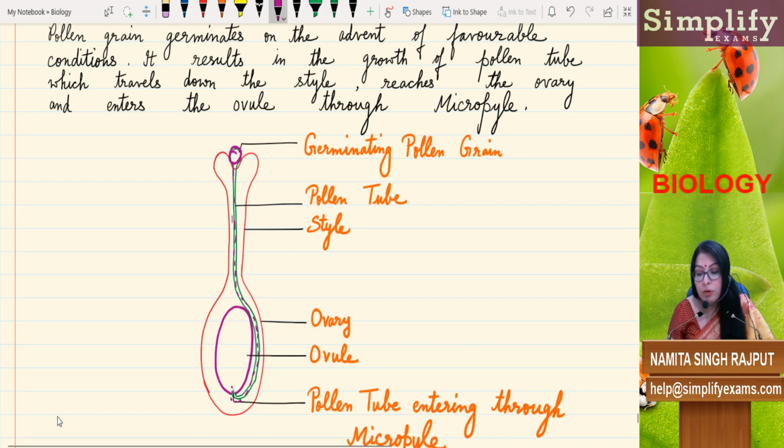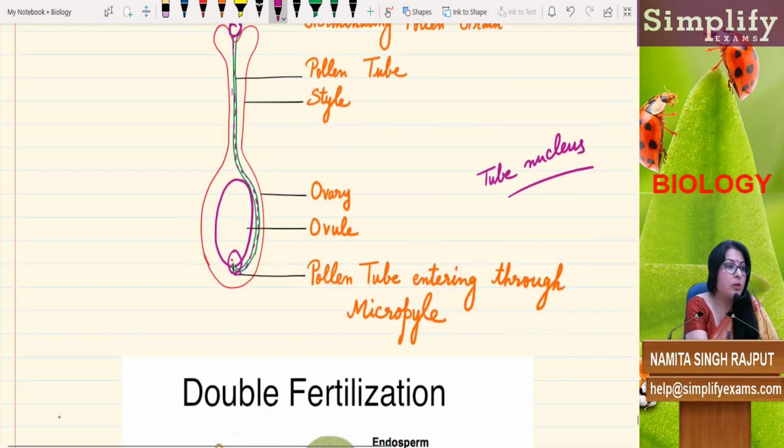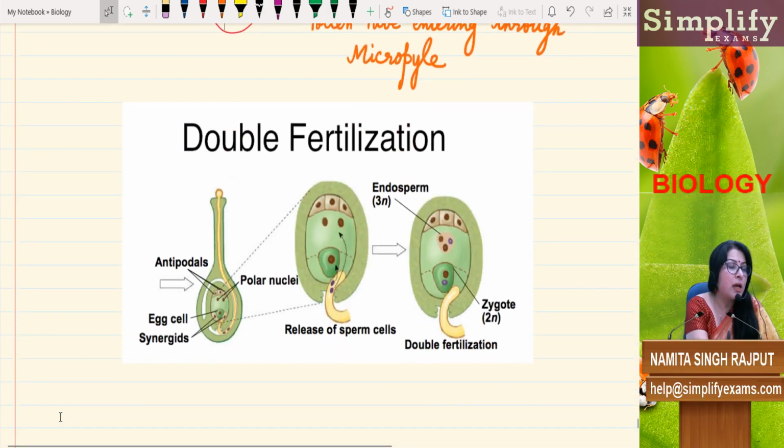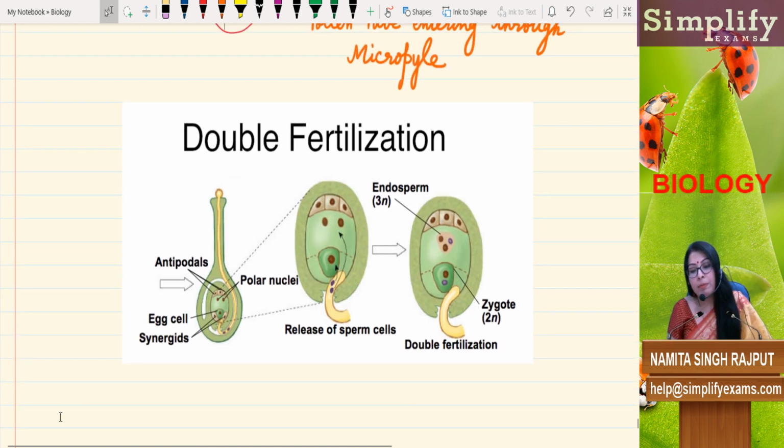As I told you earlier, the tube nucleus is only the guiding light of the 2 male nuclei. So as this enters the ovule, the tube nucleus degenerates because it has accomplished its task, its function is over. Now what happens?